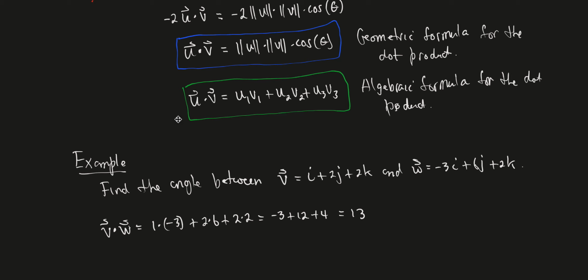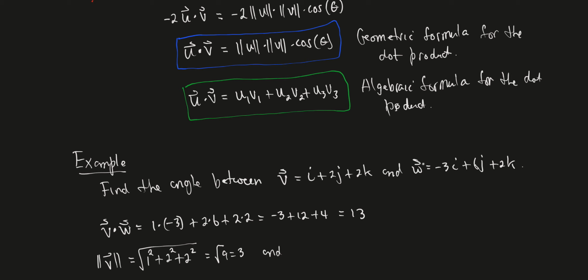Next, now that we have the dot product, let's compute the magnitudes. Let's figure out the magnitude of v and the magnitude of w. The magnitude of v: let's take the components of v, square, add, and take the square root. So that's 1 squared plus 2 squared plus 2 squared, taking the root. That is the square root of 9. Oh, that works out nicely. So that's 3.